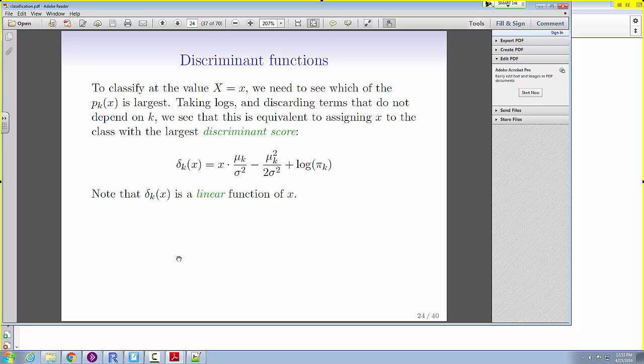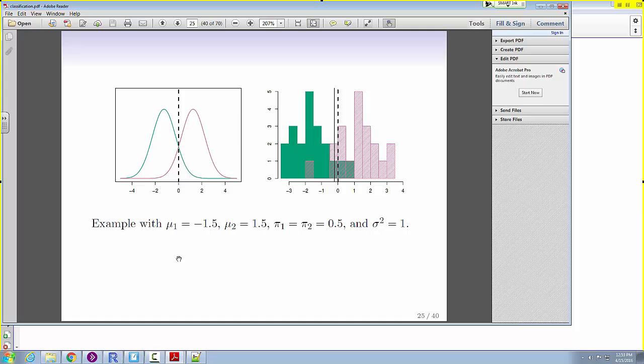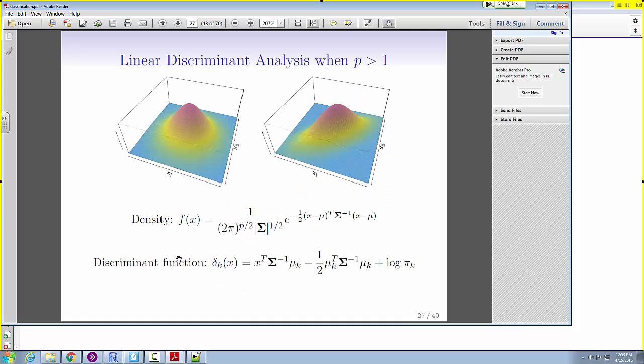Okay, so where does this thing on the screen come from? Delta K is basically, let me come down and show you the generalized version of it.